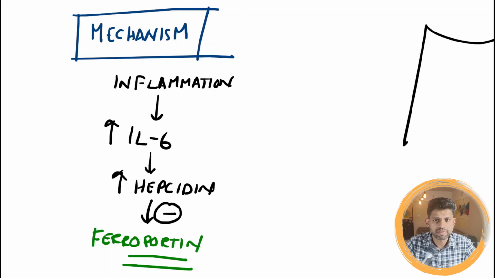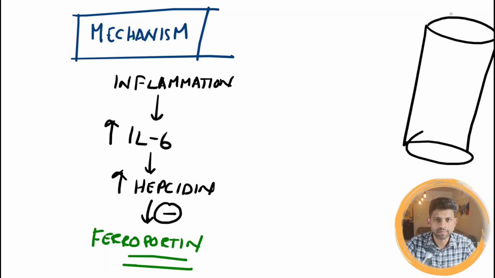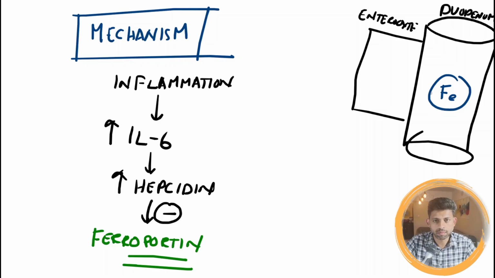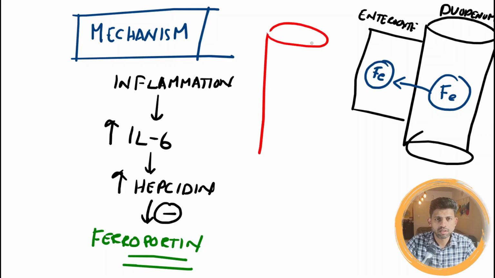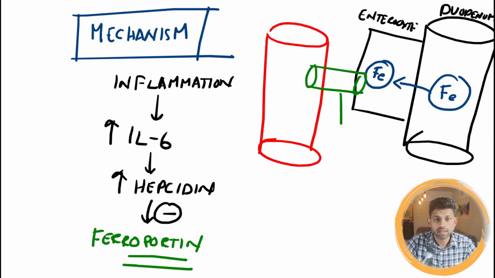As we have seen previously, iron is absorbed from the duodenum. Iron from the duodenum is absorbed into the enterocyte. But for this iron to enter into blood circulation, it needs a portal called ferroportin.